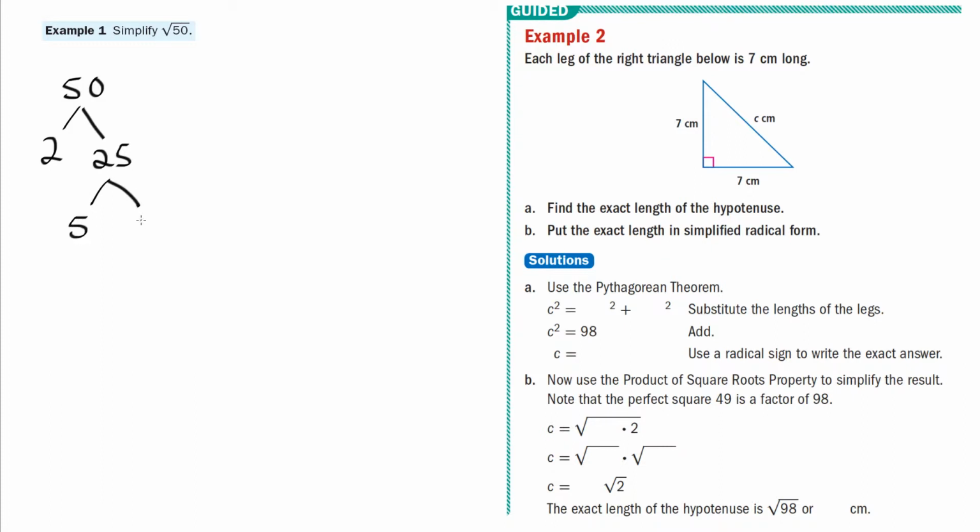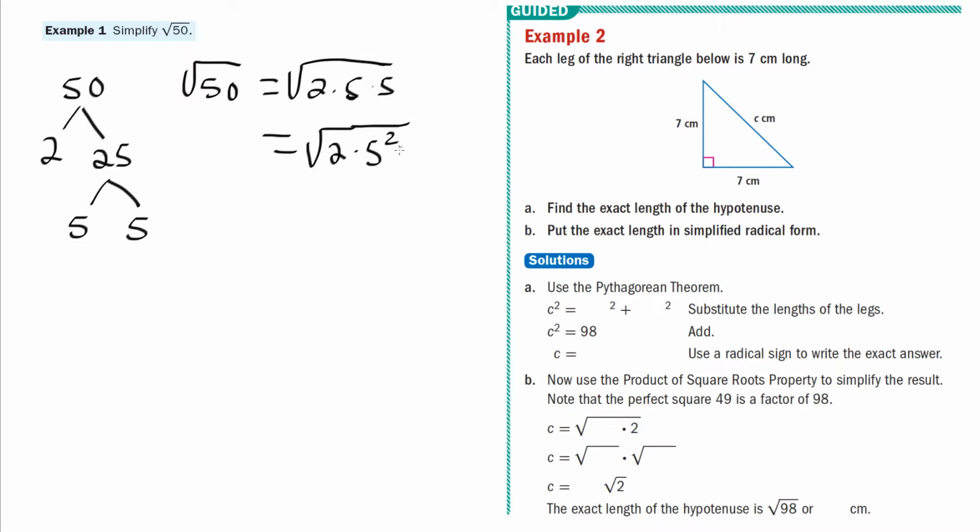So that means I can rewrite the square root of 50 as the square root of 2 times 5 times 5. And 5 times 5 is 5 squared, and we know that the square root of 5 squared is 5.